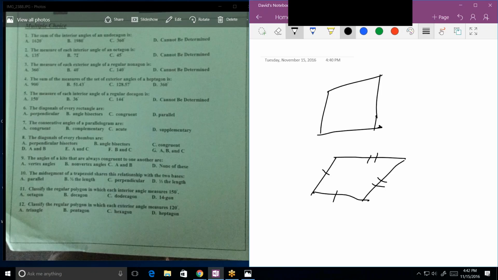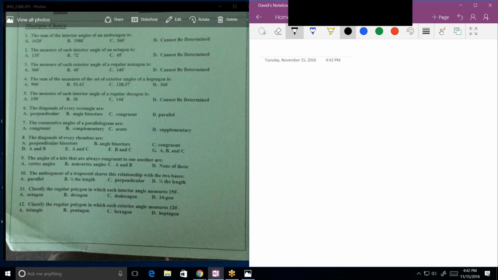Here's the question, and this is what I'm not totally sure of. That's a kite, right? I'm going to look up the definition right now. The definition of a kite is that this side is equal to that side, and that side is equal to that side. The question is, can that side be equal to this side?